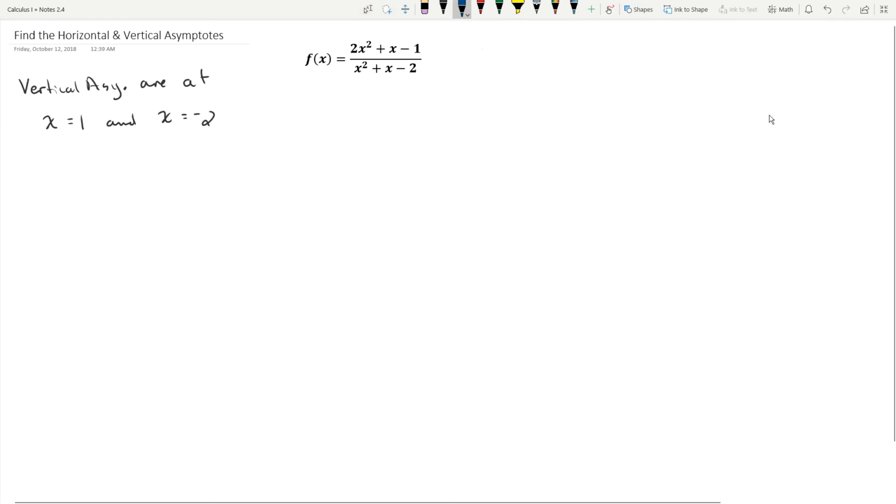We're setting this up and saying that as the limit of x, and we'll start with positive infinity, as x approaches positive infinity for 2x squared plus x minus 1 over x squared plus x minus 2. And our horizontal asymptotes, our end behavior of our graph.